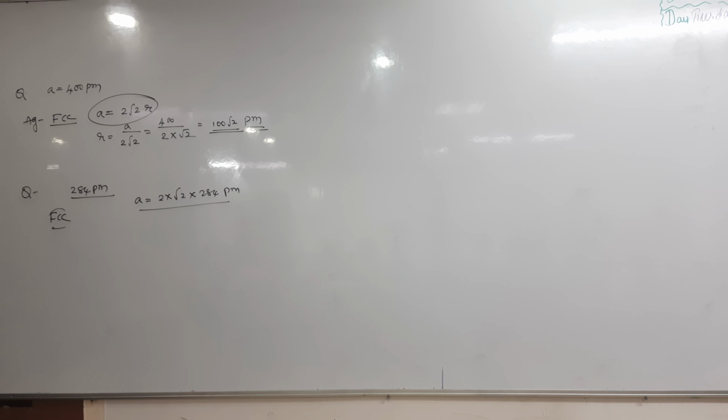Simplify as per the answer you can identify. It means by giving radius they expect A, and by giving A value they expect radius, right? It can be calculated. Okay, right. Next, one more.